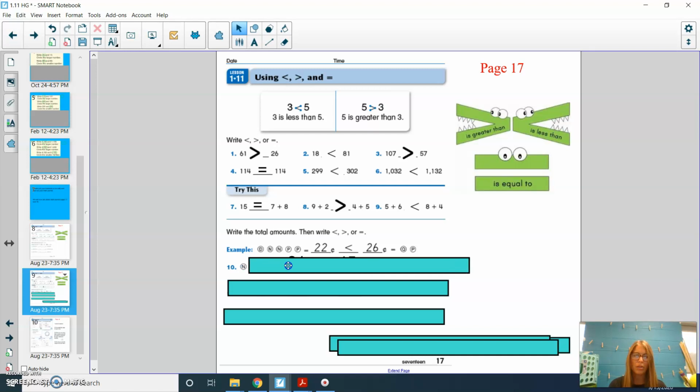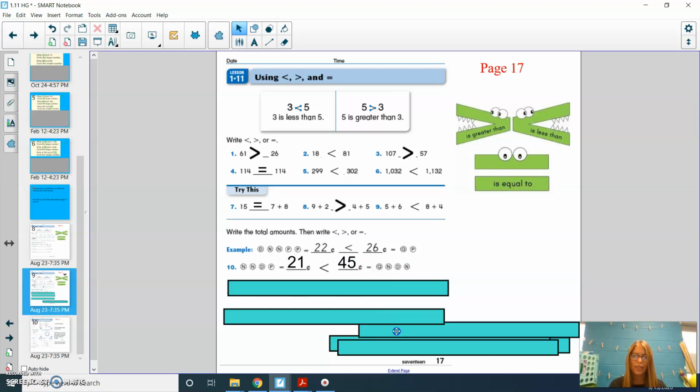Then when I'm talking about the money, I had 21 cents, and I know that 21 cents is less than 45 cents. How I figured out 45 cents, I know I have a quarter, which was 25, a nickel, which would be giving me 30, a dime for 40, and another nickel for 45.